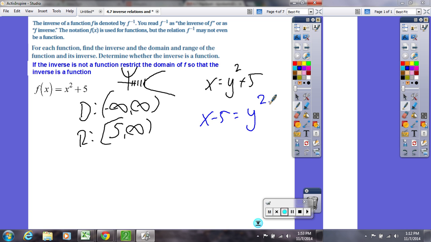Then I square root it. And that's how this becomes, because notice this top part here is the plus square root of x minus 5. This part down here is the negative square root of x minus 5. We're actually going to graph square roots next time on Tuesday. So we'll get in more depth on those.